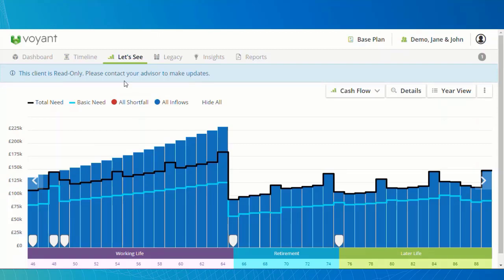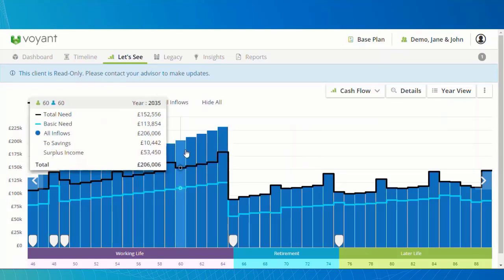In the early years of the plan, while they are working, you can see that the blue bar goes above the total need line. This is surplus income, and as we hover over this bar, you can see the amount of surplus income pop up, and it will show you the availability of not only surplus income, but also the amount going to savings.